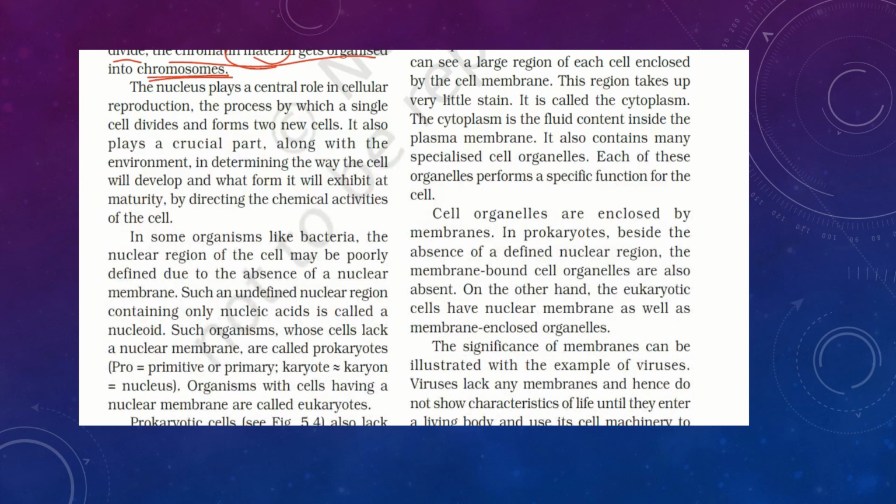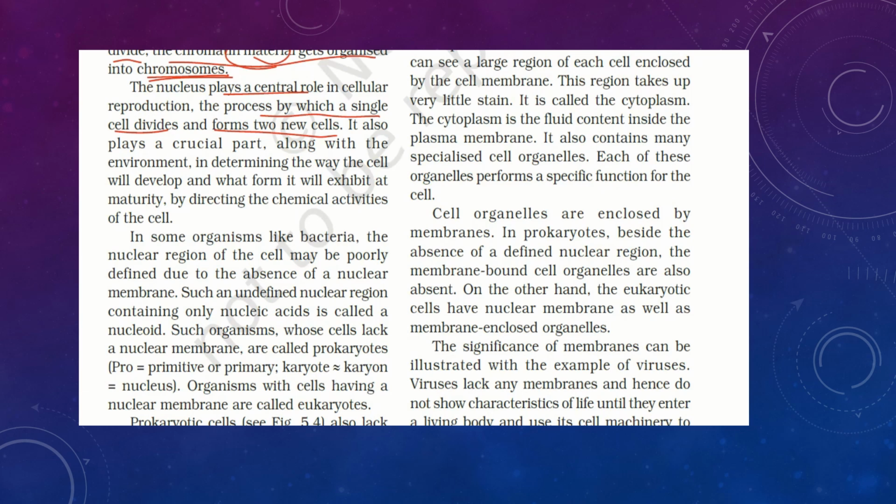So, the nucleus is playing a very crucial role in cellular reproduction, right? That is the process by which a single cell divides and forms two new cells. The nucleus contains the nuclear material, the chromosomes, the DNA or the chromatin fibers, which are all genetic materials and help in cell division, right?